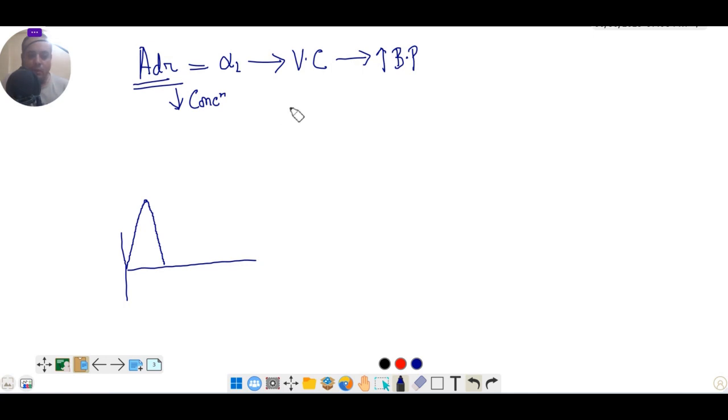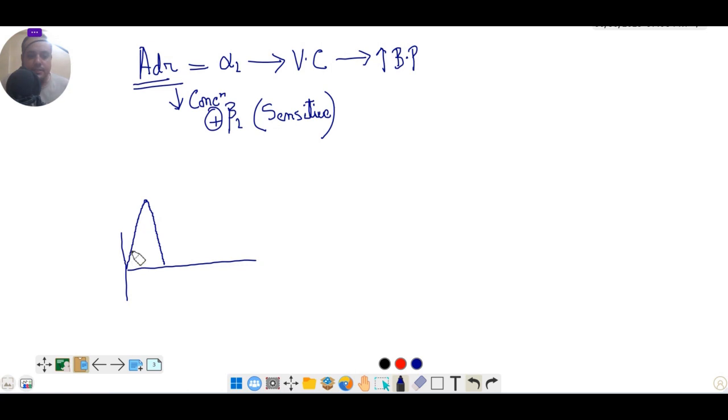But we all know that we have got another receptor, that is the beta 2, and this beta 2 is a sensitive receptor. Hence, even a low dose, a small dose of adrenaline, will be able to stimulate this beta 2 receptor.